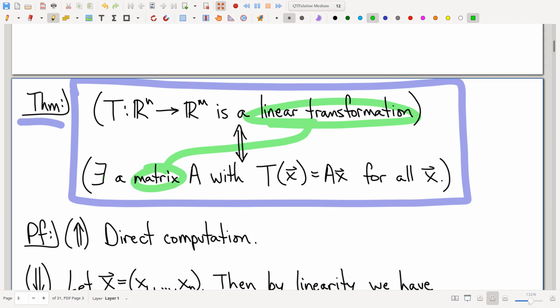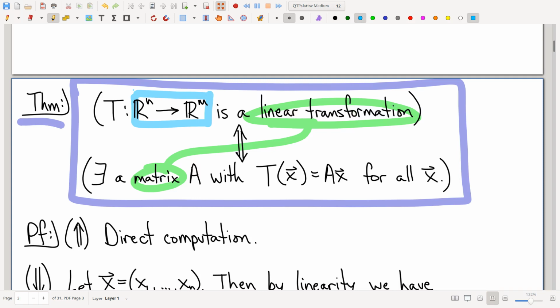Loosely speaking, linear transformations are matrices. I think that's a really nice way to say it. I like it when stuff rolls off the tongue in a nice, pithy, satisfying sort of way. Linear transformations are matrices. Now, I'm deliberately sweeping a point under the rug here. When I say linear transformations are matrices, I'm only talking about Euclidean linear transformations, so specifically only functions from Rn to Rm.